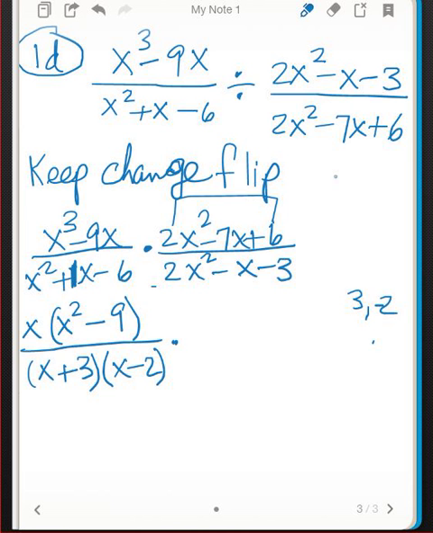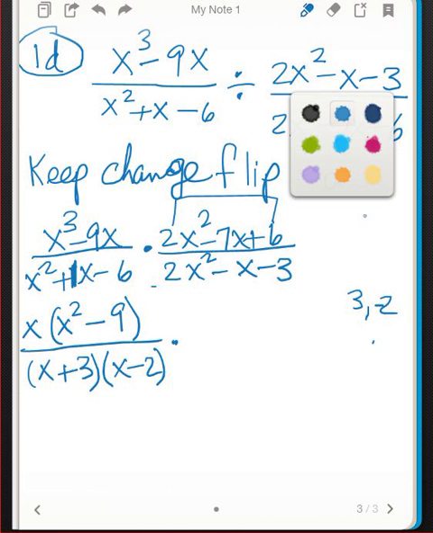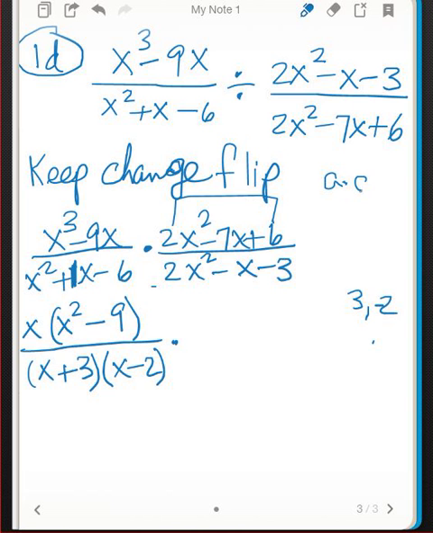That's a times c. So that's 12. We ask ourselves, two numbers that multiply to give us 12, but they add to negative 7. Well, those two numbers are negative 4 and negative 3.